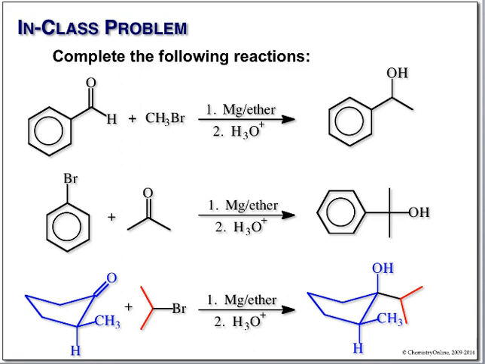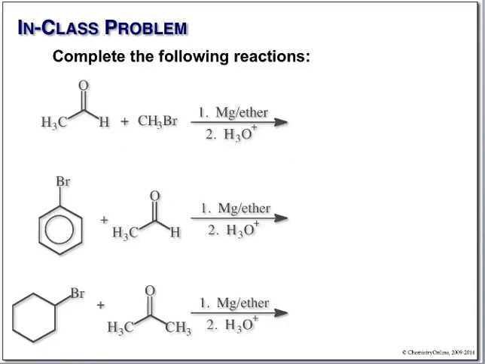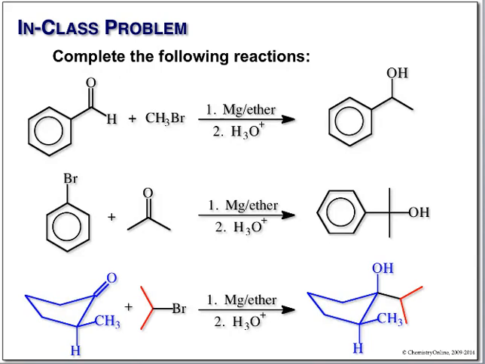Start to think about these things in terms of being able to take them apart. Let's go back to that one. To take them apart and visualize the part that comes from the carbonyl compound, that's this, and the part that comes from the Grignard.